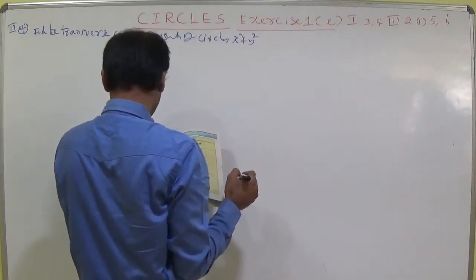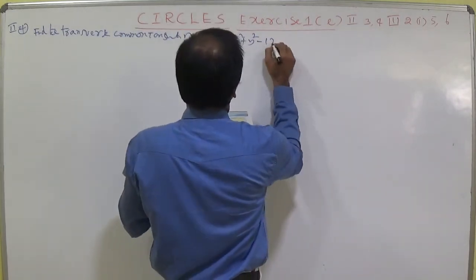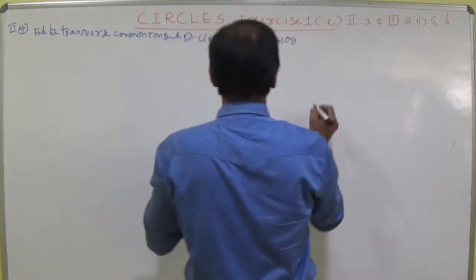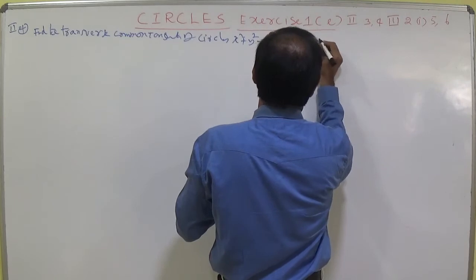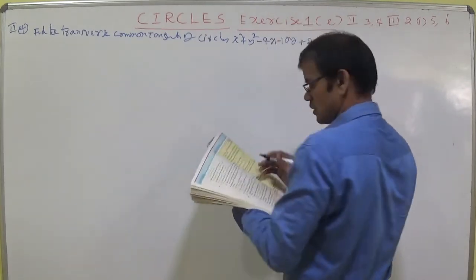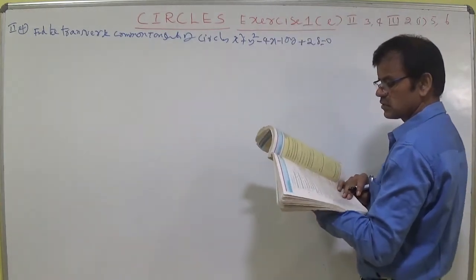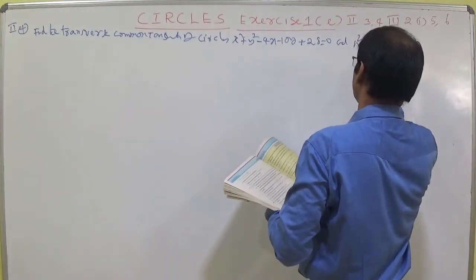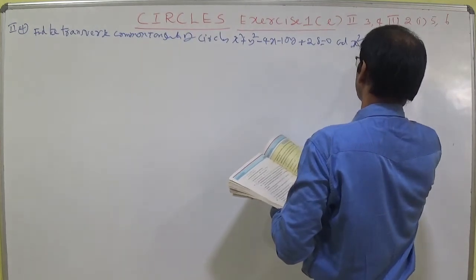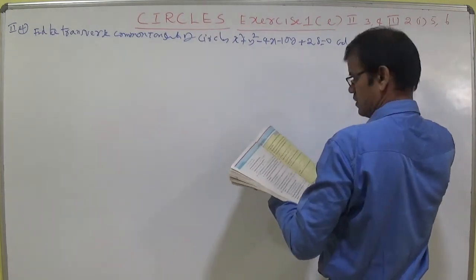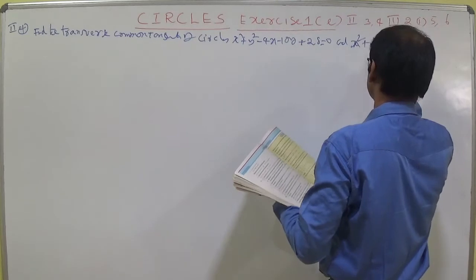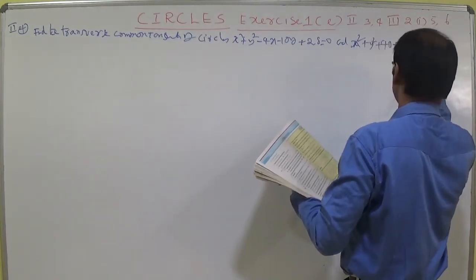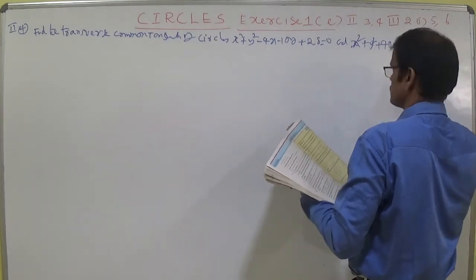x square plus y square minus 4x minus 10y plus 28 equal to 0, and x square plus y square plus 4x minus 6y plus 4 equal to 0.